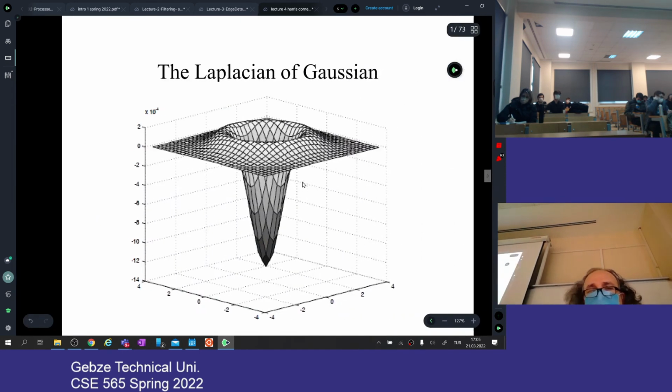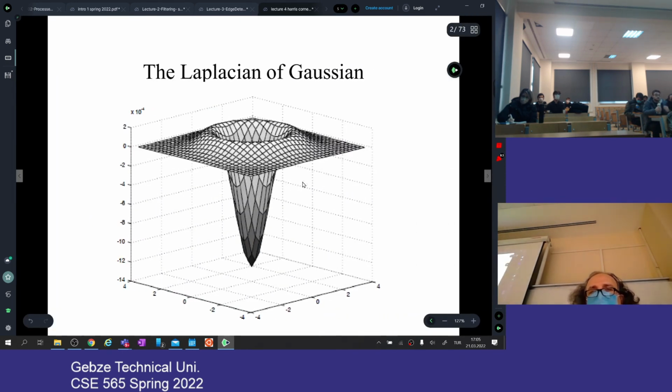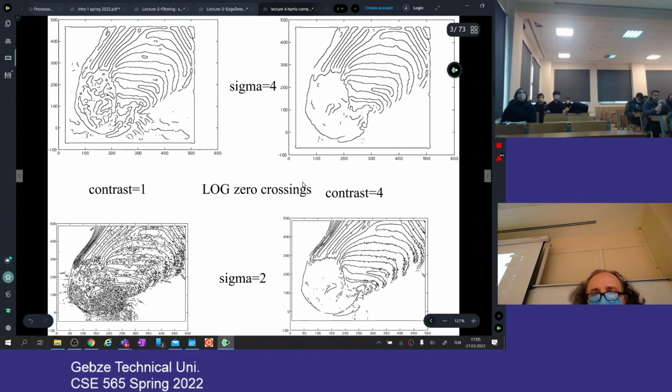You remember this Laplacian of Gaussian? With the Laplacian of Gaussian, we can do this kind of interesting thing. Remember that with the Laplacian of Gaussian, you have the Gaussian sigma. Also, the contrast is the slope of the zero crossings.